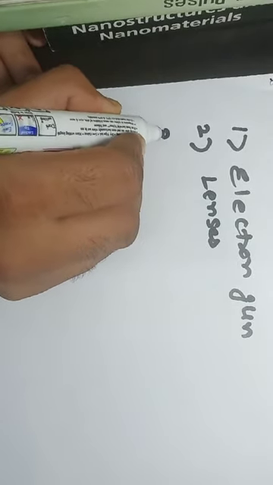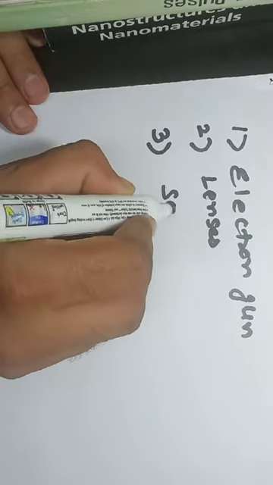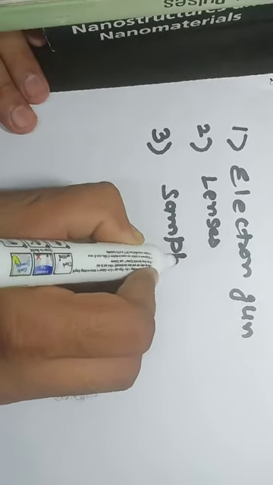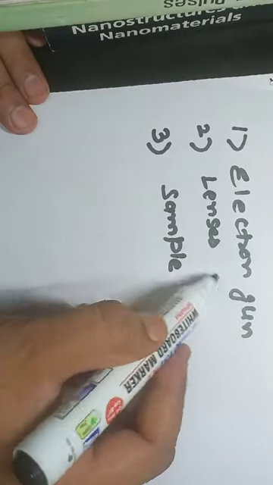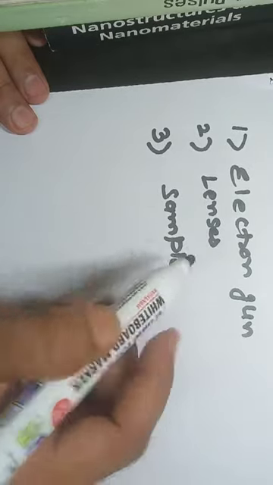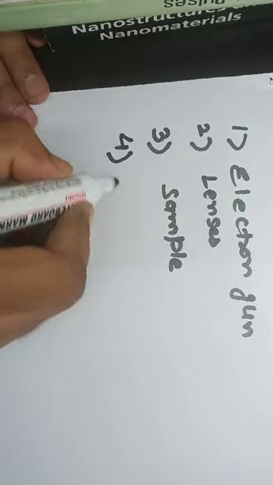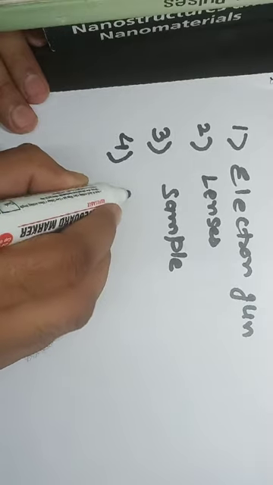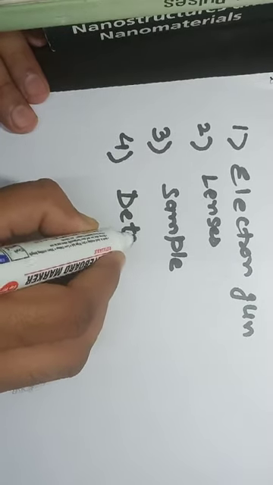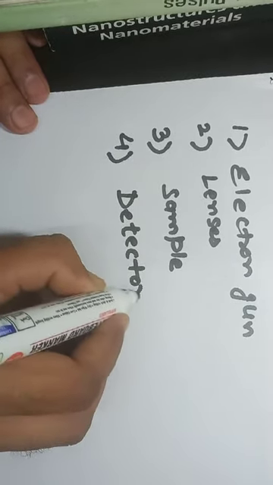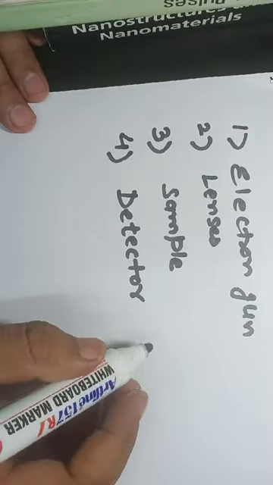And the third thing you need is a sample, which of course the electron will hit through the lenses, and then the scattered electrons will be detected with the help of the detector. So you would have these four important components in this case.